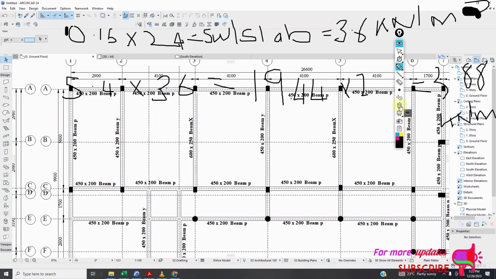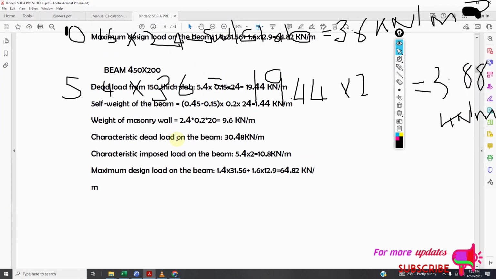So that's how I found this dead load. It is the total length of the slab times the thickness times the self weight. This is the dead load from the slab.